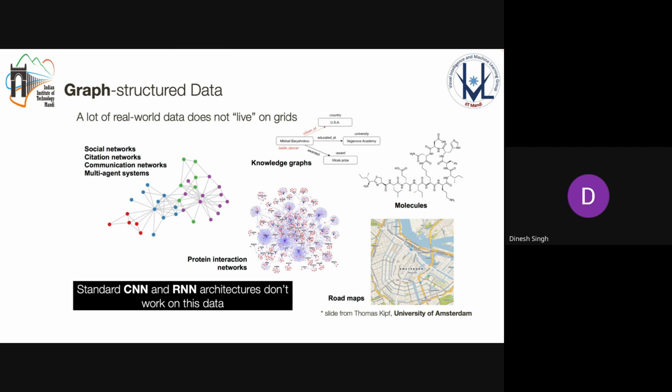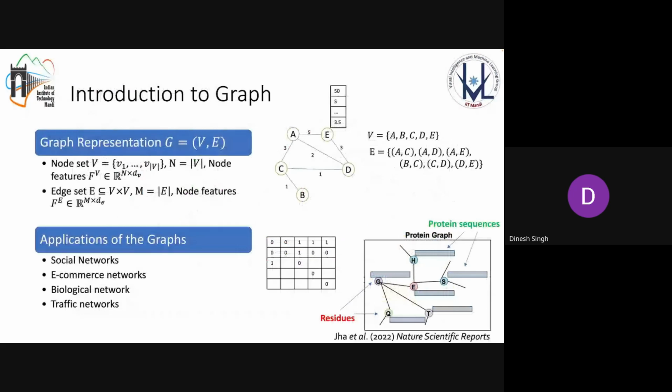Those in the audience from a computer science background or similar programs have done data structures, and we cover a lot about how to represent graphs. So the first thing is how we can represent the graph in computer memory.